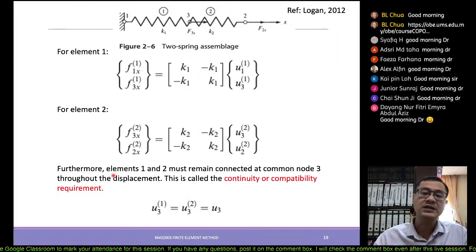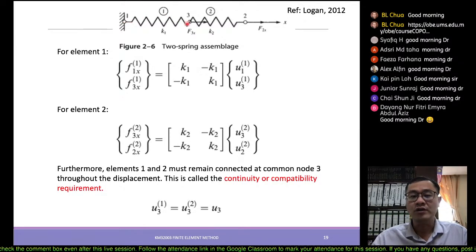how we would do it later on is that we form the matrix for every single element. For element number one, it involves node number one and node number three.